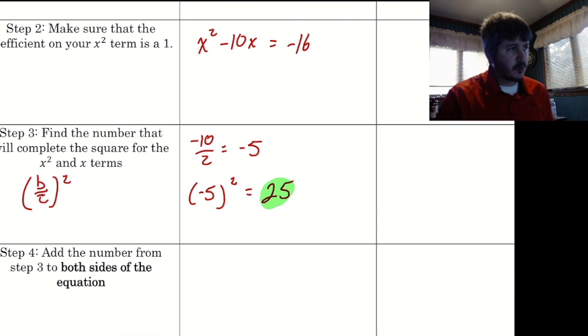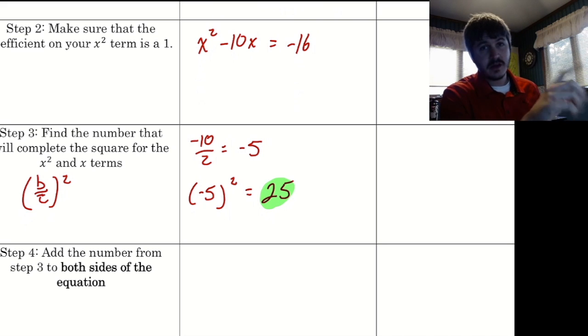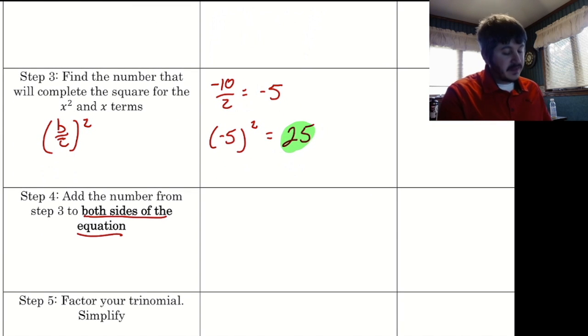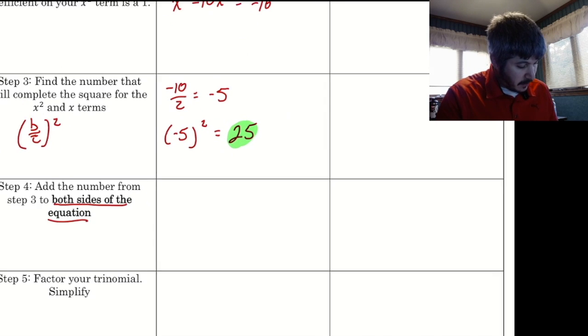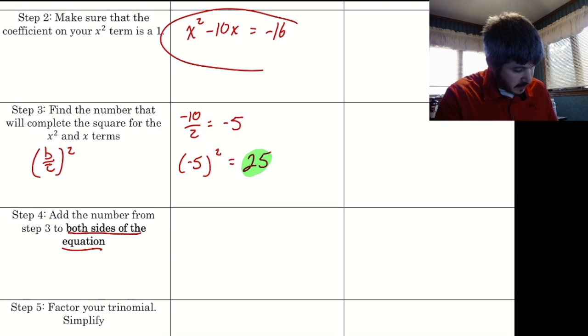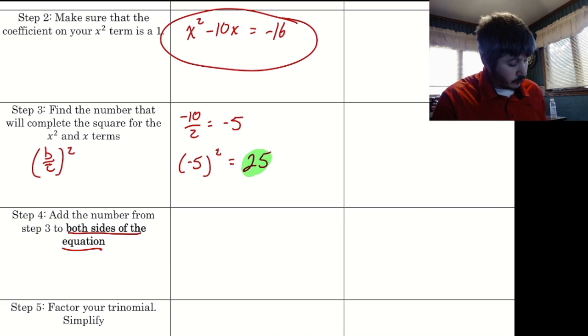And here's where you see it in step 4, which we did not do in the previous page, because in the previous page it wasn't an equation. There was no equal sign. But now that there's an equal sign, we have to add 25 to both sides of the equation. So here's the equation right here that I'm adding 25 to both sides.